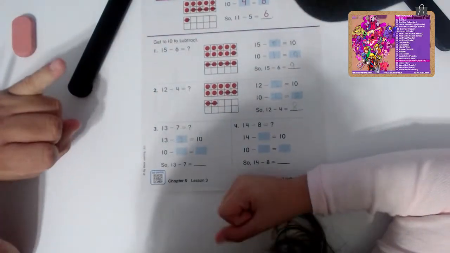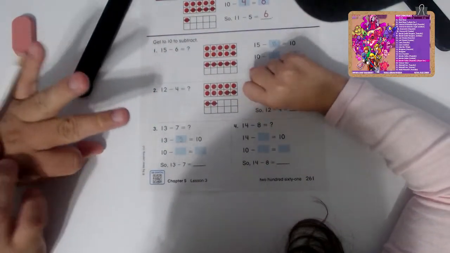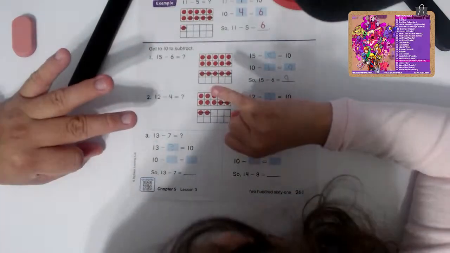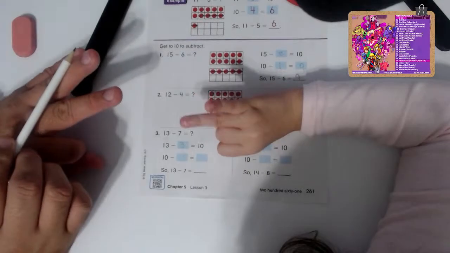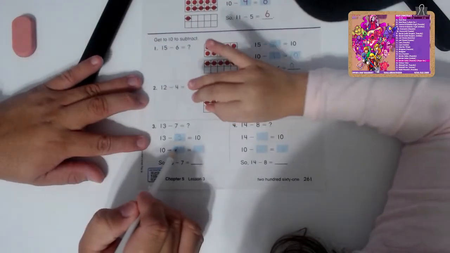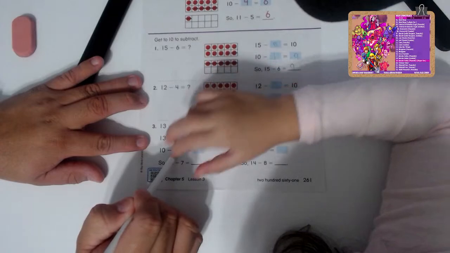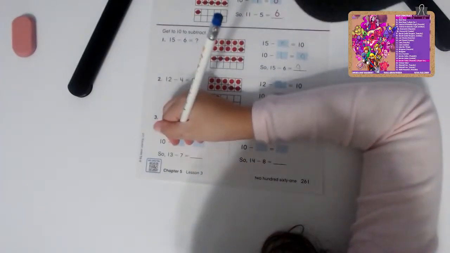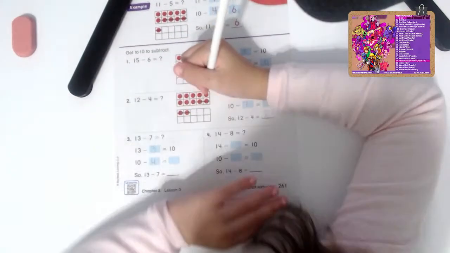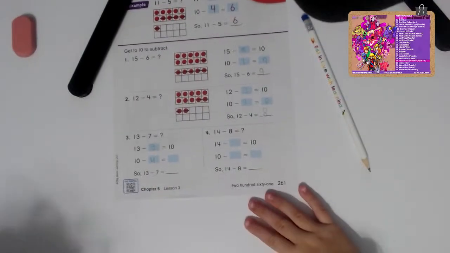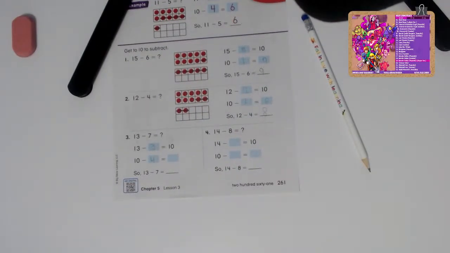7, 6, 5, 4. So what number goes here? 4. Okay. So now what's the equation? 10 minus 4 equals 6.